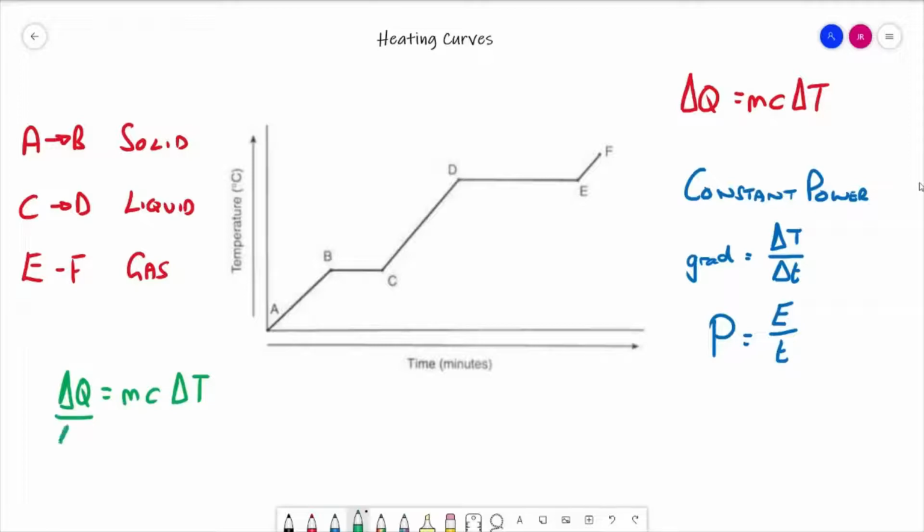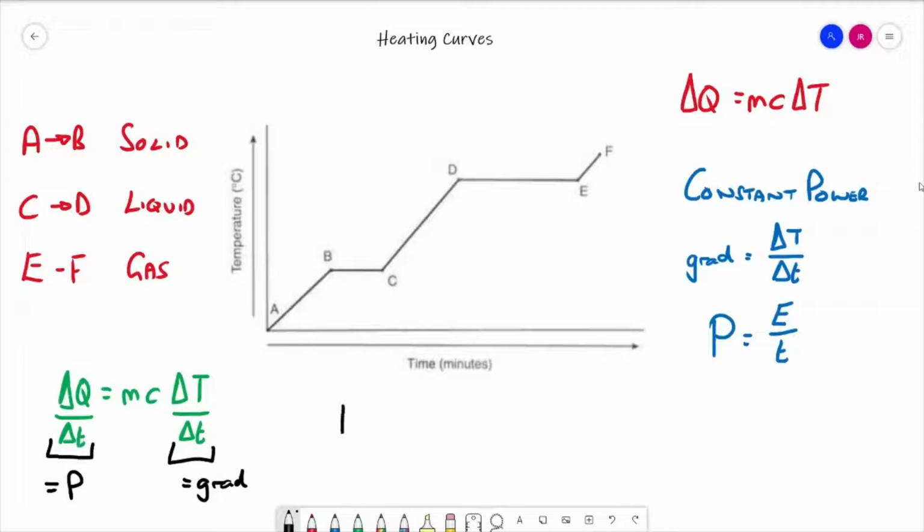So over here I'm going to divide by time, and over here I'm going to divide by time as well, being a little bit tactical about on the right hand side where I put that delta T. Well, of course, when we then translate this bit here, the delta Q over delta t, that will equal the power input, and we can see that the delta capital T over delta lowercase t we've already shown is the gradient of the graph.